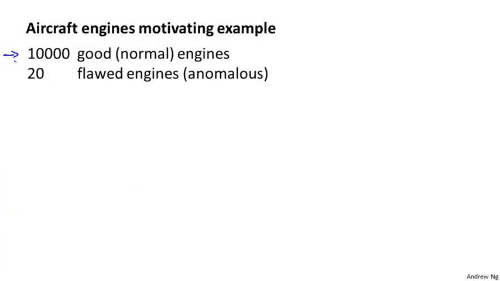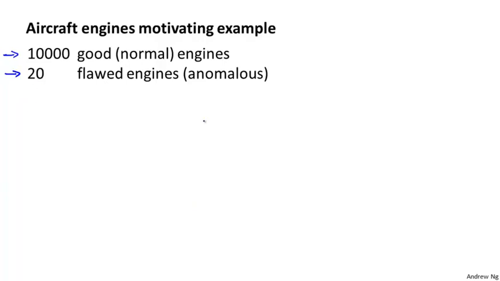And again, it's okay even if a few flawed engines slip into this set of 10,000, but we assume that the vast majority of these 10,000 examples are good, normal, non-anomalous engines. And let's say that historically, in however long we've been running our manufacturing plant, we end up getting 20 flawed or anomalous engines as well.